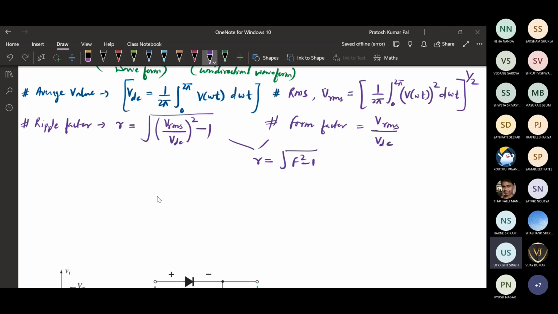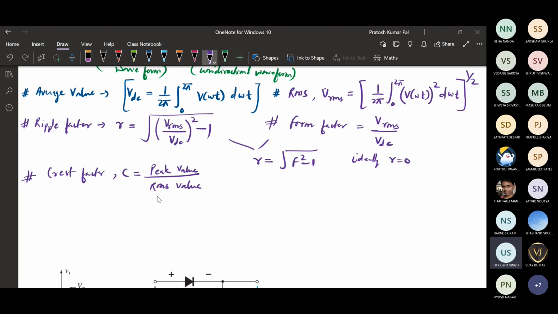Okay, one more term is the crest factor, defined as C. C is the peak value divided by the RMS value. Okay, so here this ripple factor should be 0 ideally.